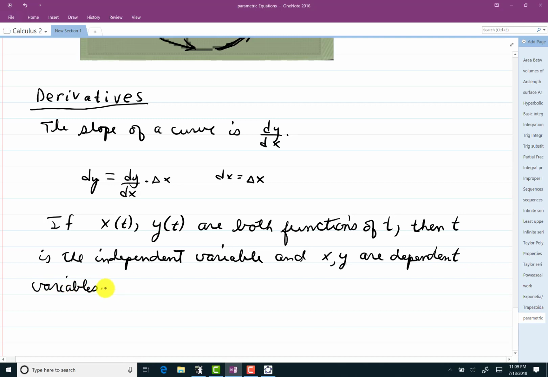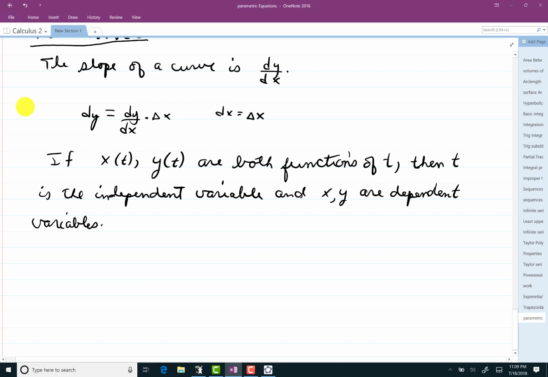What that means is I can define dy and dx. dy can be written as dy over dt times dt, and dx can be written as dx over dt times dt.